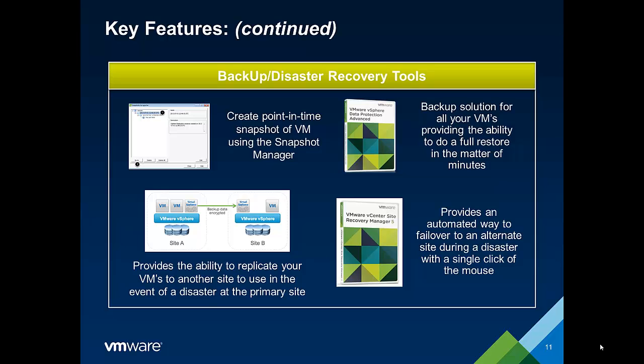Now, in regards to an actual backup solution, VMware has the vSphere Data Protection Advanced solution. This is an actual backup solution. It will take a snapshot of your entire VM, and you're going to use it much like any other backup solution. You are going to create backup schedules, maybe a weekly backup, a monthly backup.